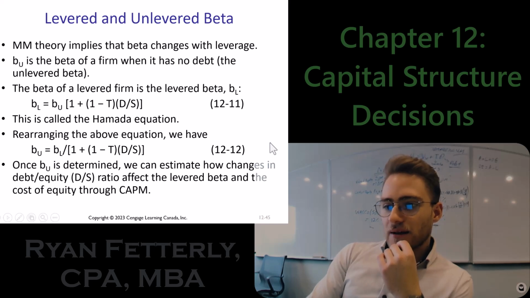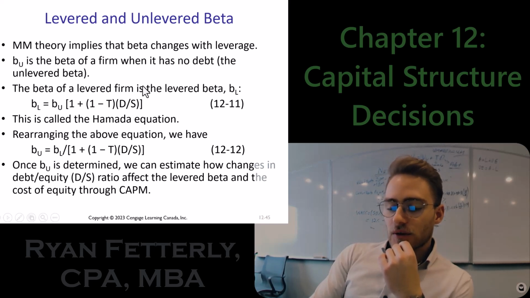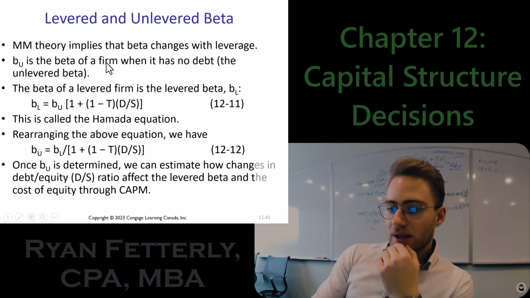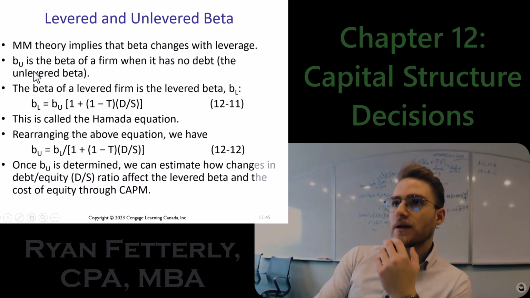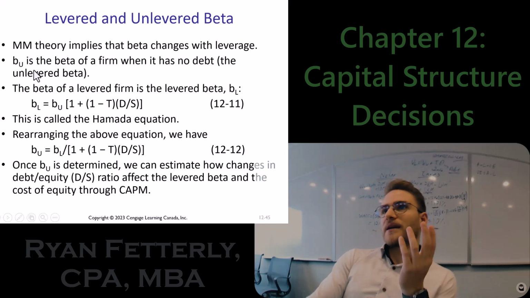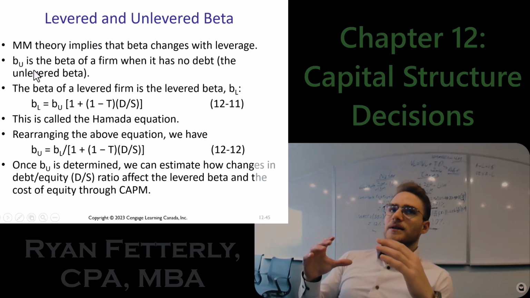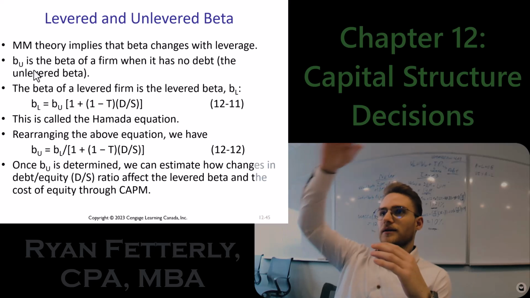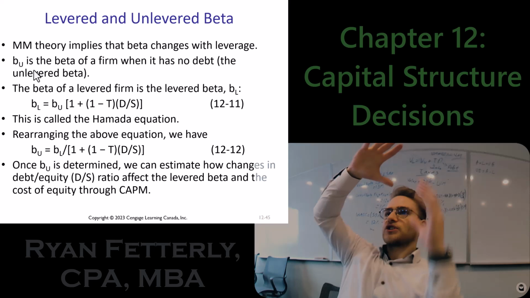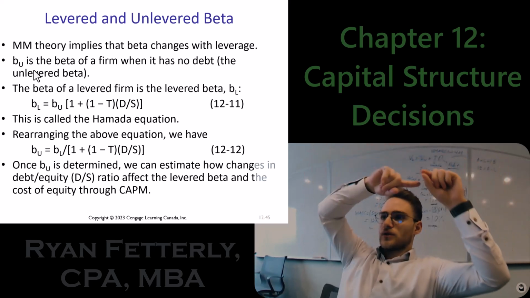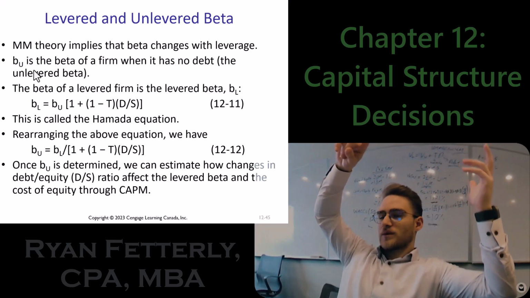So, levered and unlevered beta. The theory implies that beta changes with leverage, which is true. If we just do a quick refresher, beta is basically my company's correlation to the market, say the S&P 500. If the S&P 500, which is just the very general stock exchange, goes up by 2%, that's the average performance of every firm.